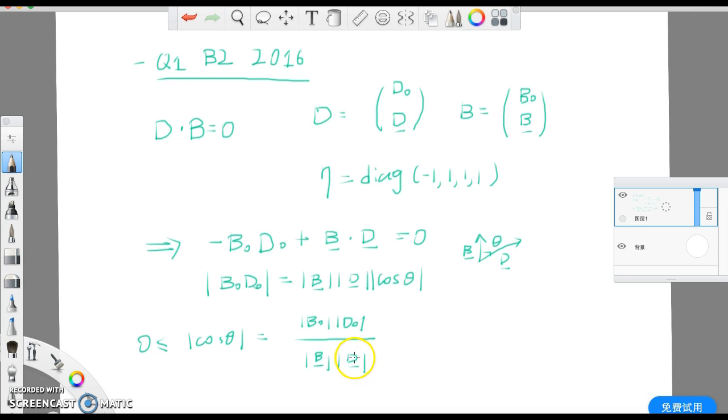Okay, and this must be less than or equal to 1.